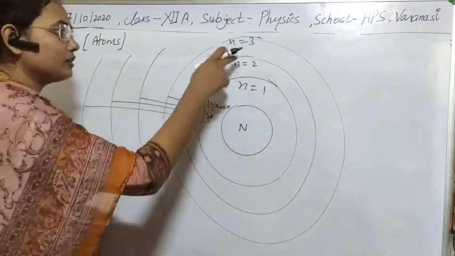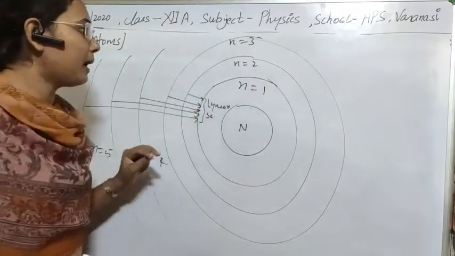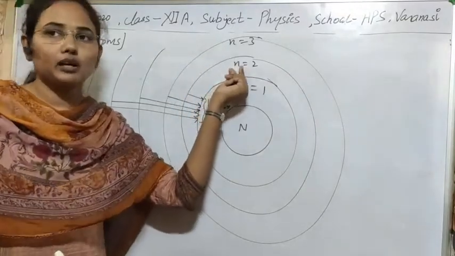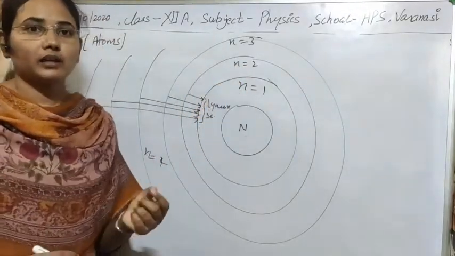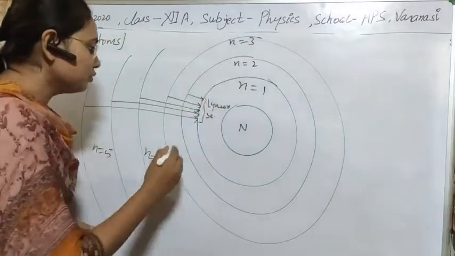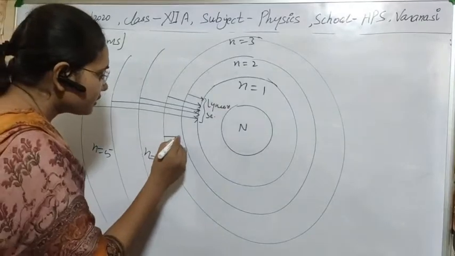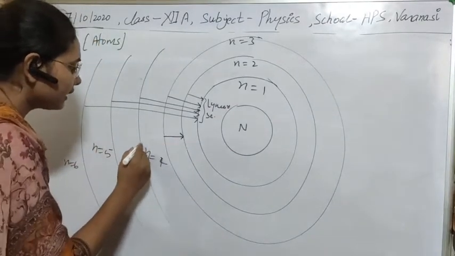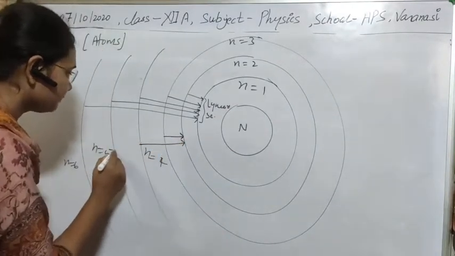Similarly, we can easily draw the electronic transitions for the Balmer series. For the Balmer series, as you know, the lowest energy level to which the electron can make a transition is n equal to 2. It means from higher states, n equal to 3 to 2, it can transit here.